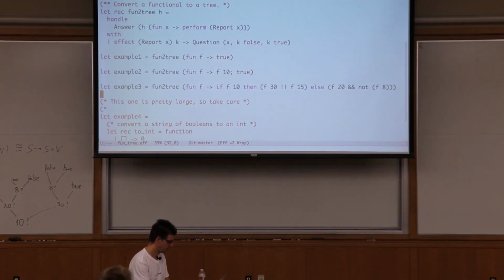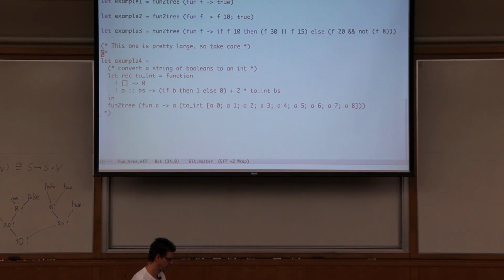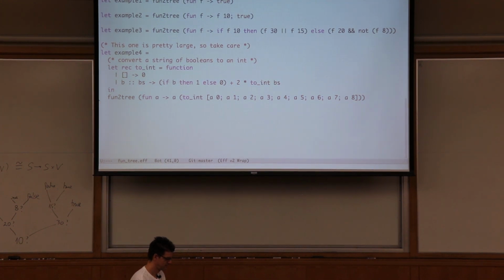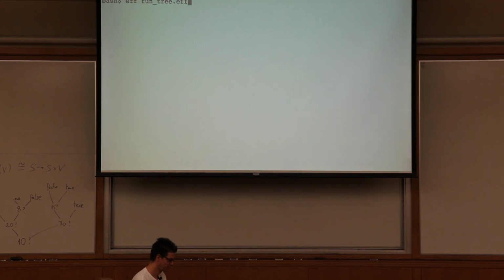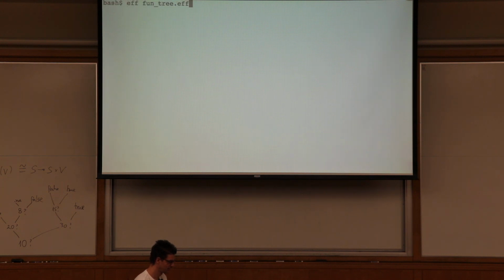And there says this one is pretty large. I don't know. Do we want to run it? Of course we want to run it. What does this do? Who knows? But it's pretty large. Well, okay.